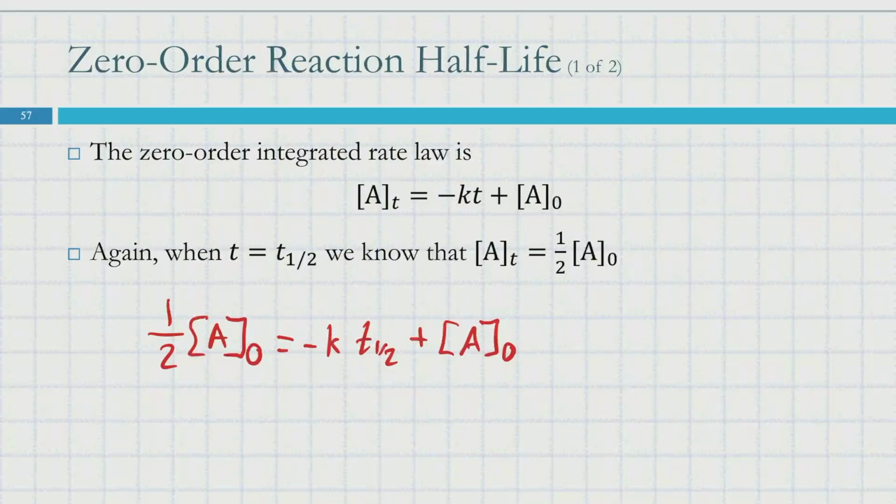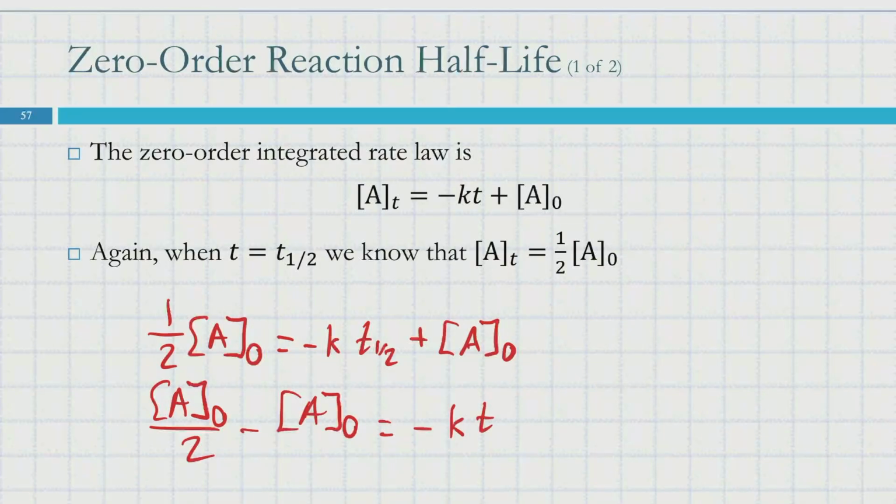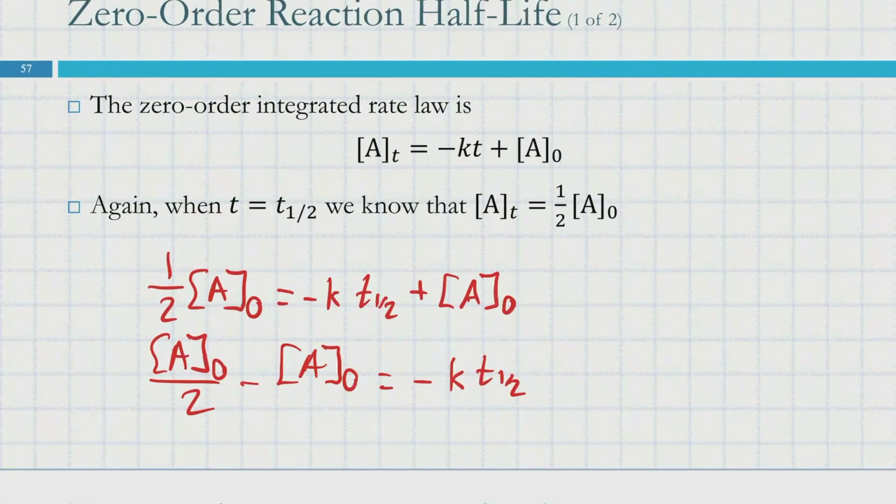We move this concentration of A naught to the left side. That equals negative k T1/2.